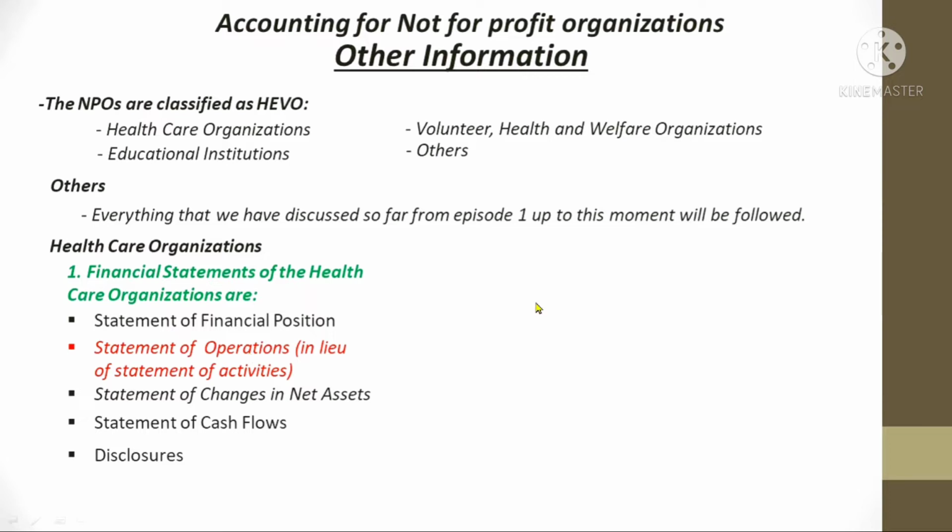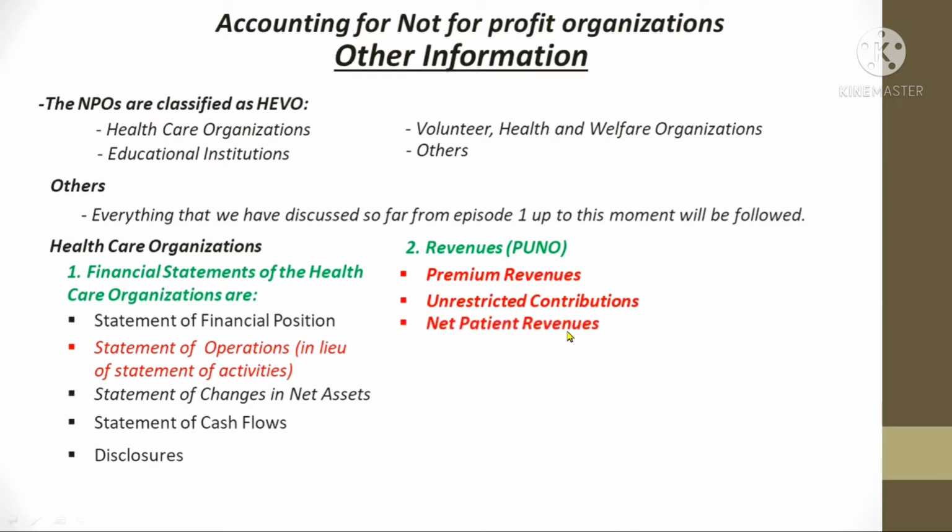Now let's go to the second unique feature of healthcare organizations, and that is its revenues. Unlike other NPOs, its revenues are composed of PUNO. That's our mnemonic. P is for premium revenues, U is for unrestricted contributions, N is for net patient revenues, and O is for other revenues.